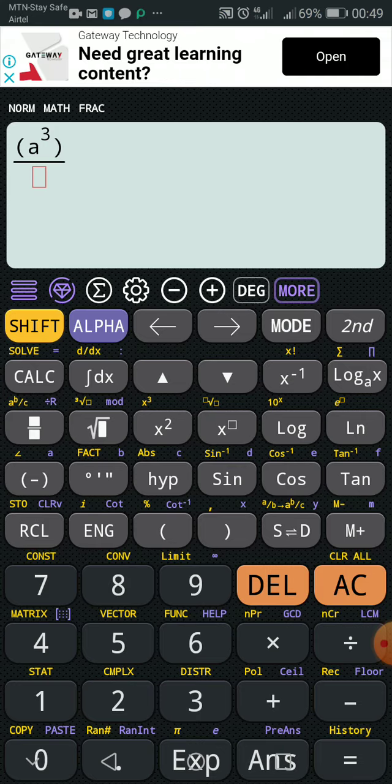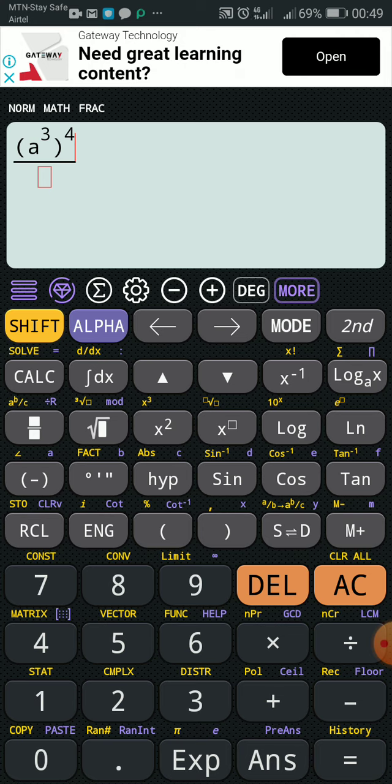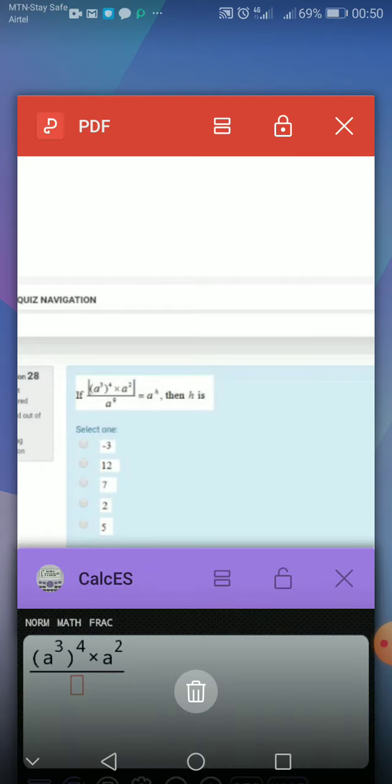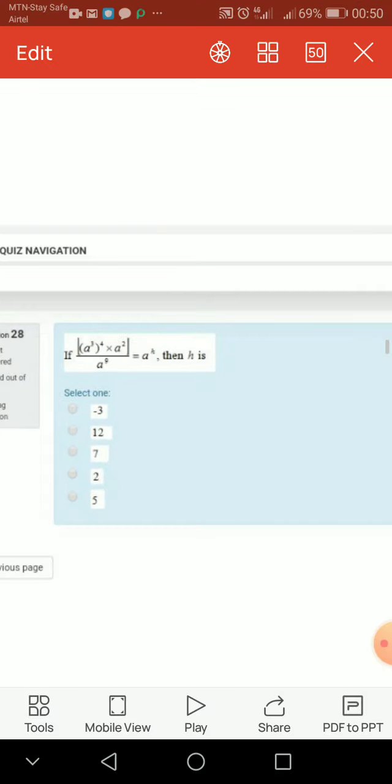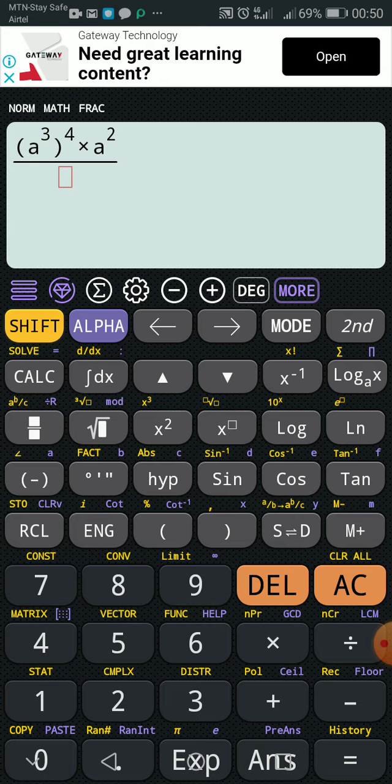Then we have raised to power 4. Then we have times a squared times alpha a squared. Then at the denominator we have a raised to power 9. Okay, so that means alpha a raised to the power of 9.